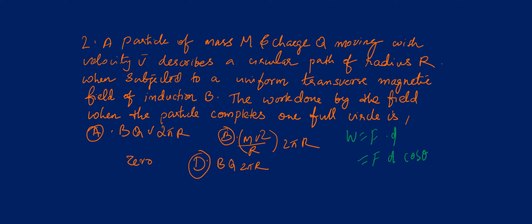Here it is said that the magnetic field is transverse, or perpendicular, that is 90 degrees. Cos 90 is 0, so work done is 0. Also, we can say that for a complete circle there is no displacement. In that sense also, work done W equal to 0. So the correct option is C, 0.